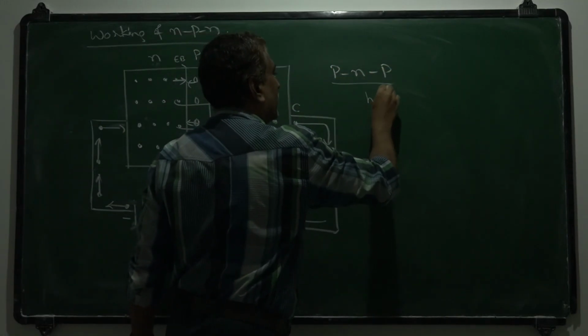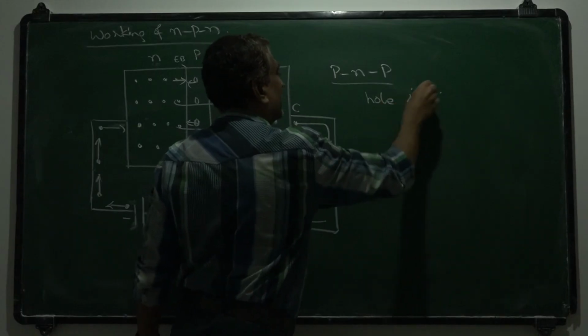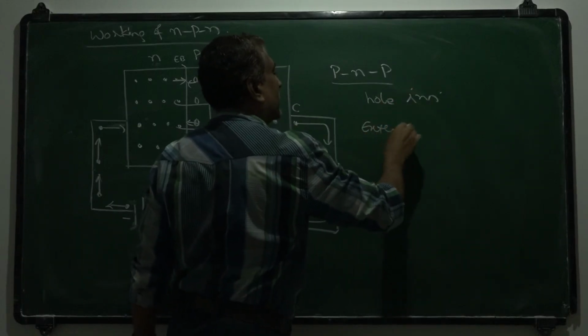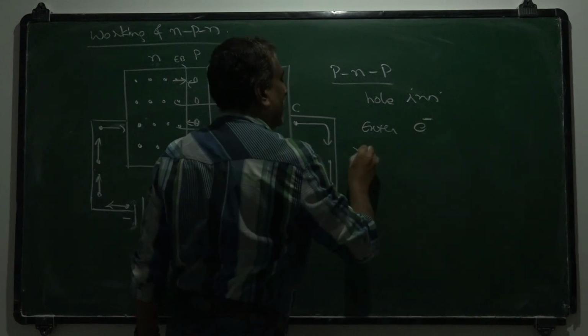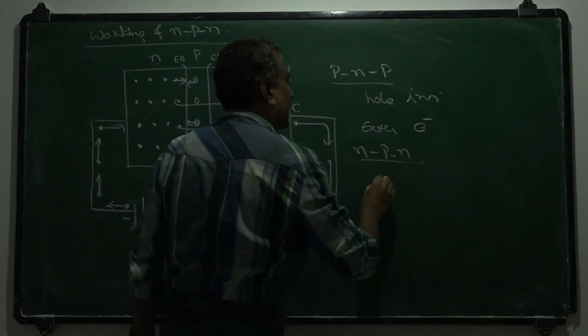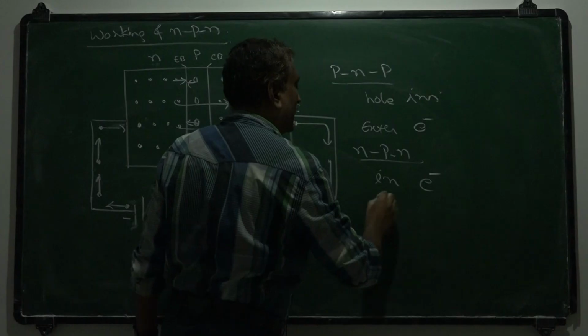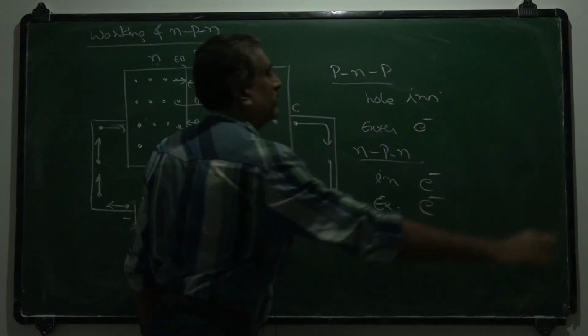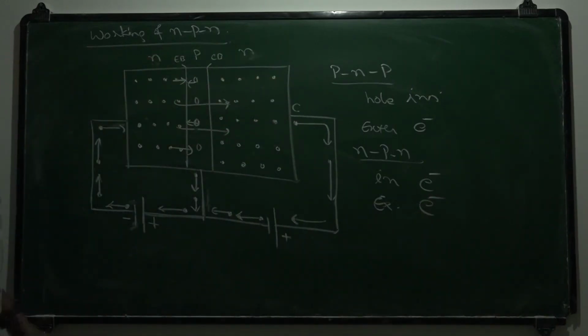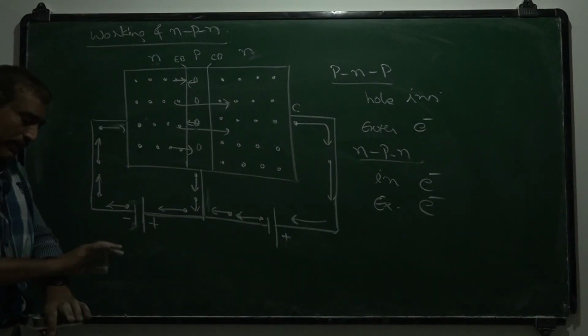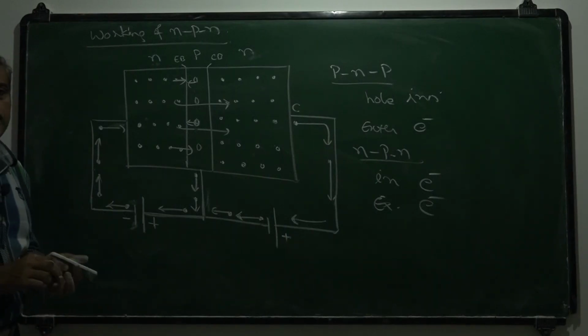Whereas in NPN transistor, inside the transistor it is by electrons and in the external wires it is also by electrons. That is the main difference between PNP and NPN transistors.